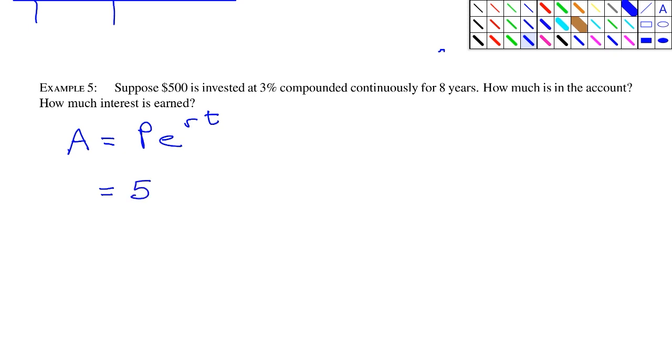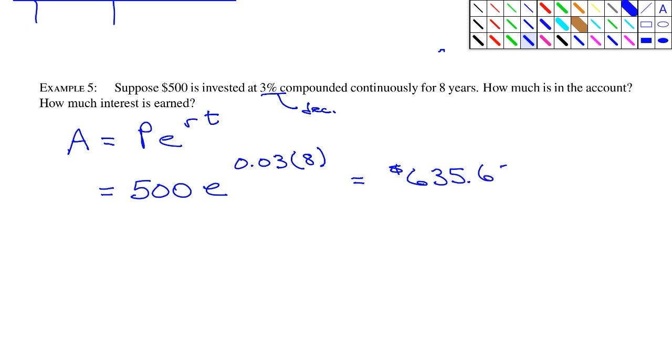And so here we have $500 invested times e raised to the 0.03. That's the rate written as a decimal again. And then the time frame was 8 years. And this is actually $635.62. And the last one that we had, Sally, same problem, except it was compounded quarterly, only ended up being $635.08.